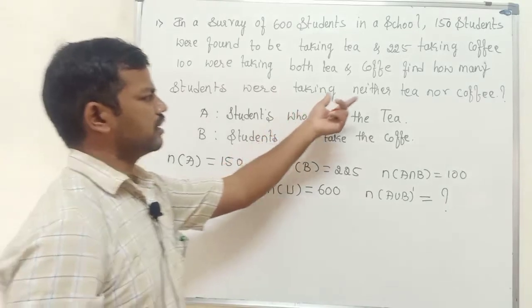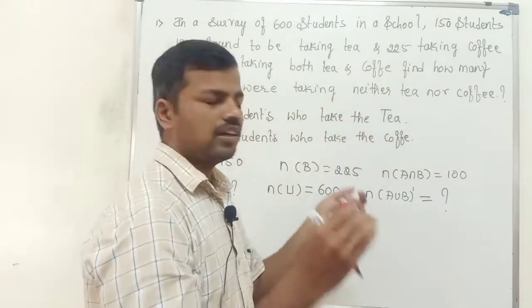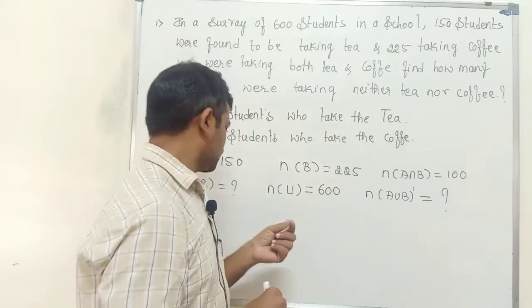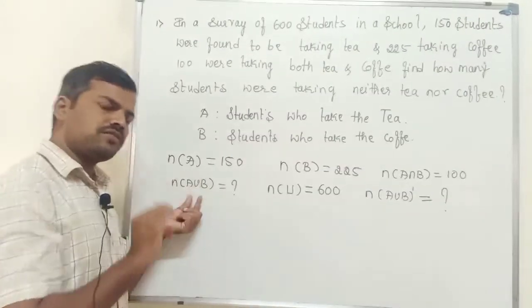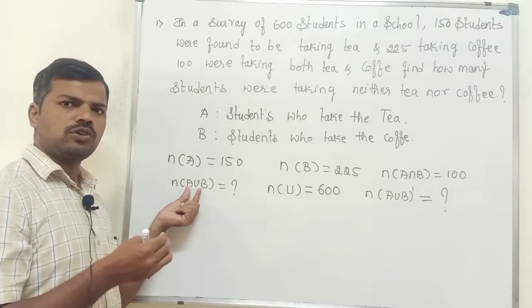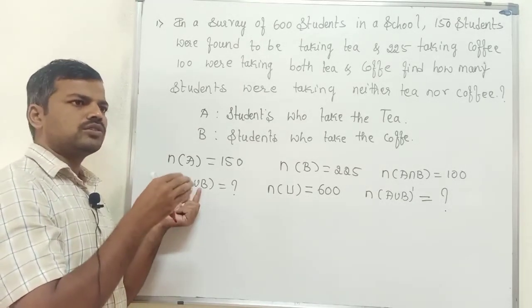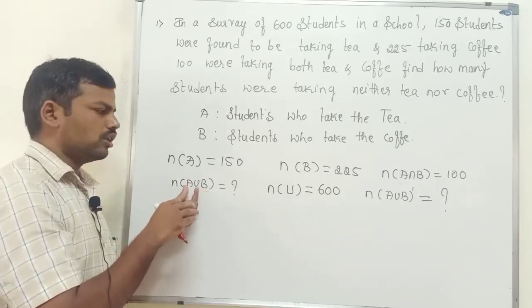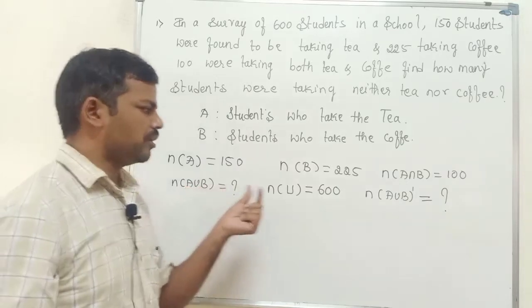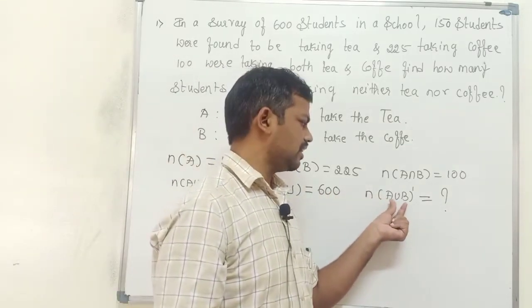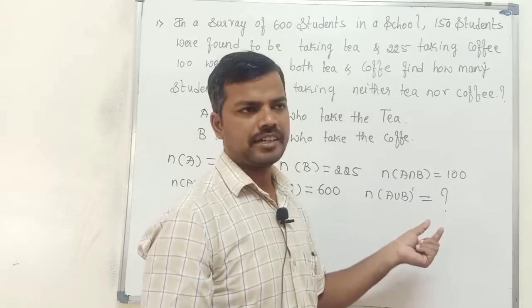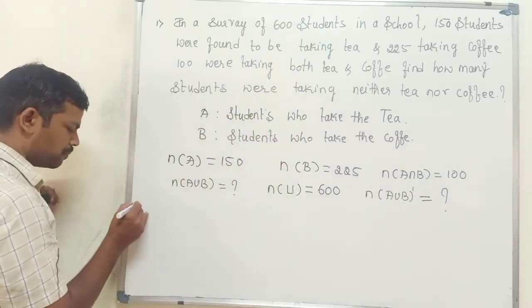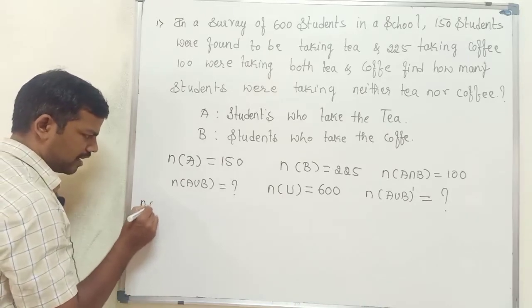But here they are asking neither tea nor coffee. So if we find A union B, automatically we get A union B complement. We know the formula for that. So first we find A union B.